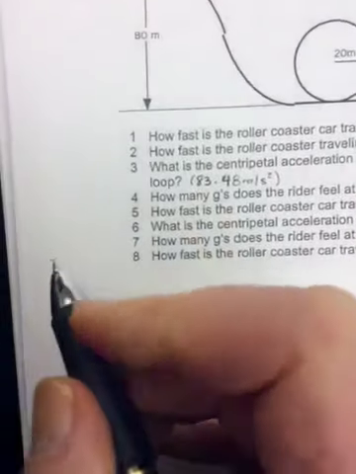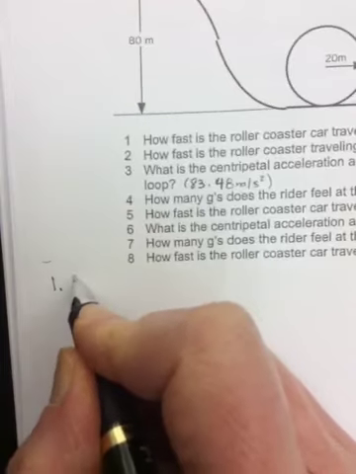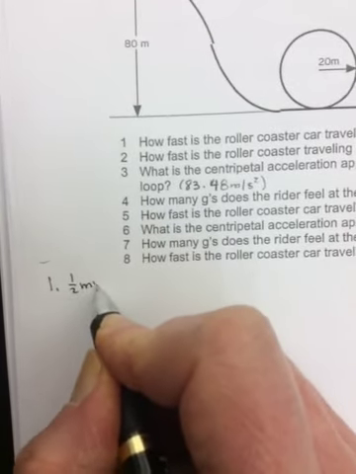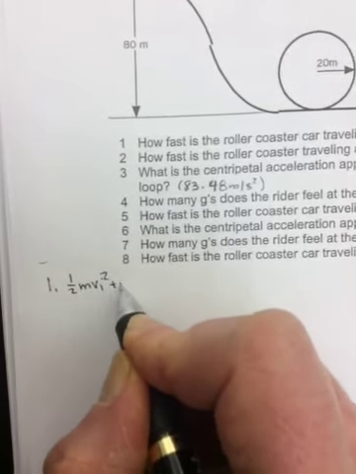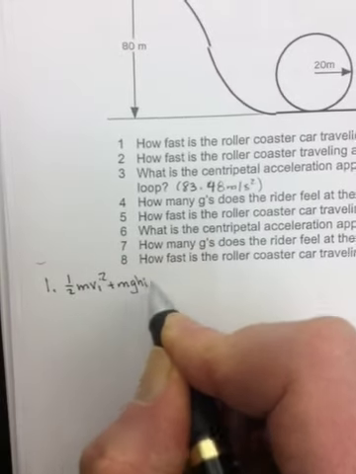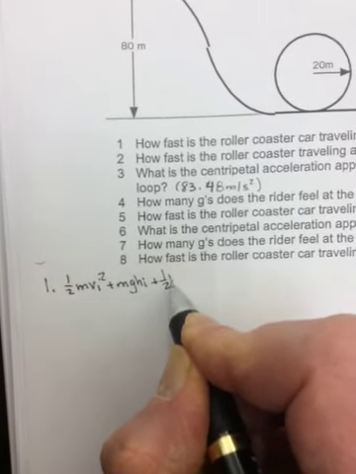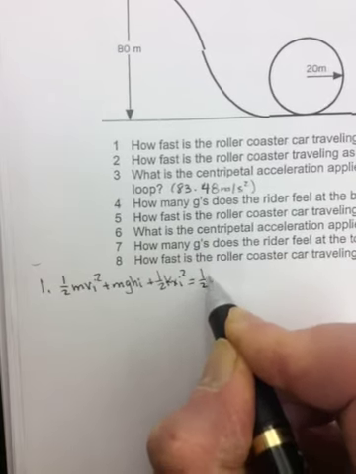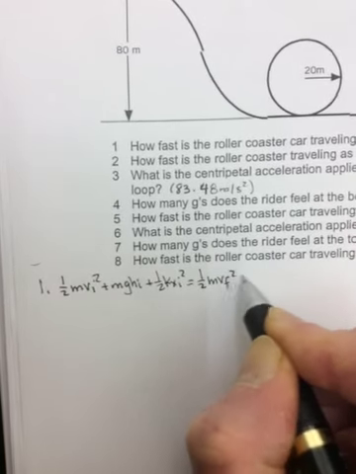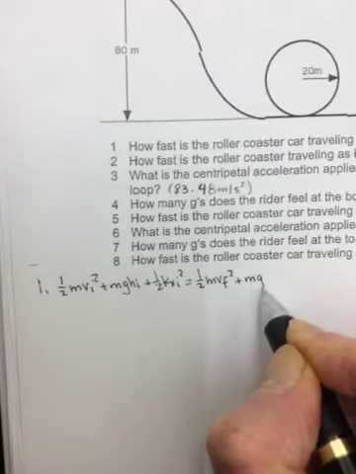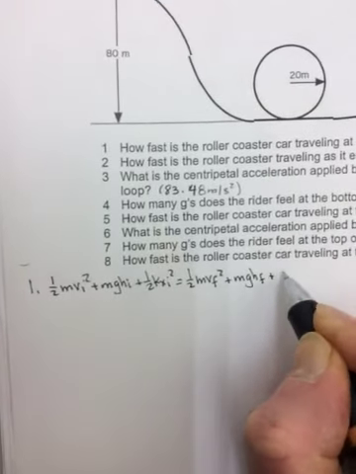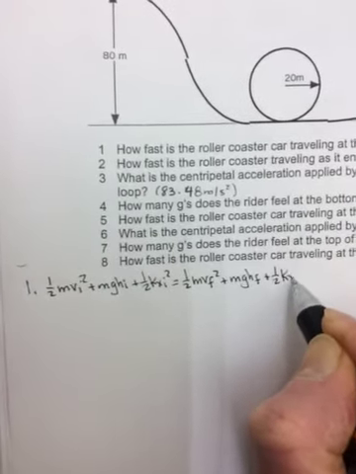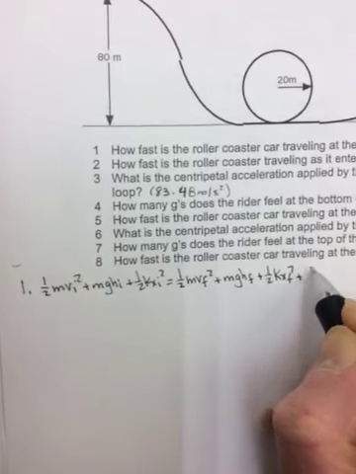And so for change in energy, we're going to use 1/2 mv initial squared plus mgh initial plus 1/2 kx initial squared is equal to 1/2 mv final squared plus mgh final plus 1/2 kx final squared plus E lost.